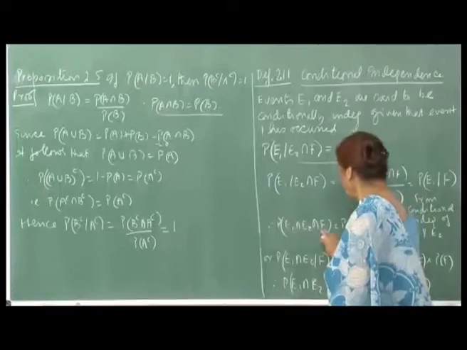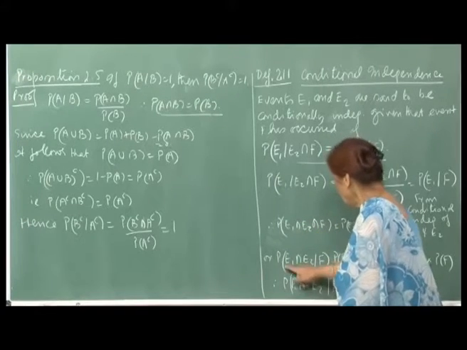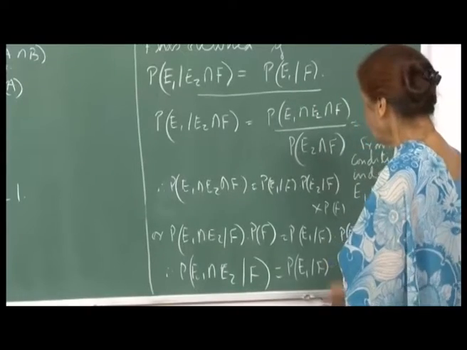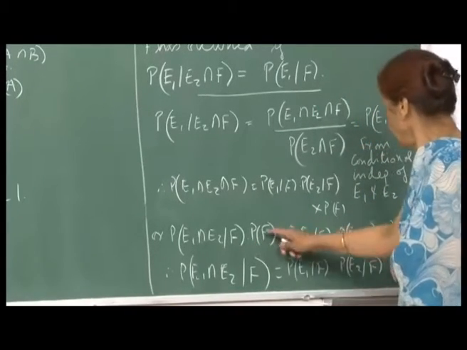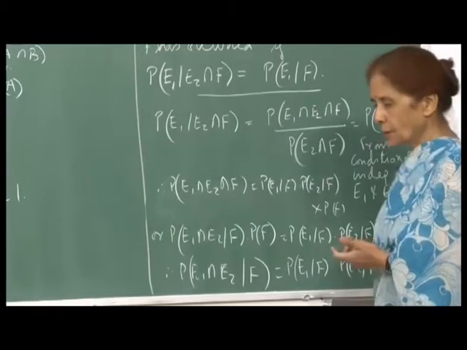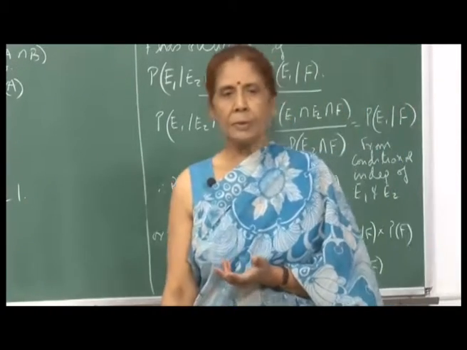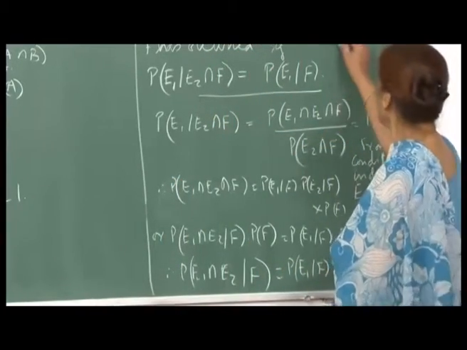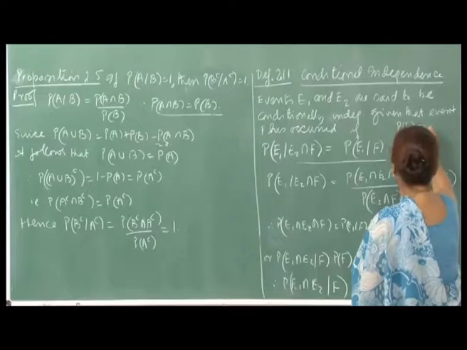This one I can also condition on F, so this will be the probability of E1 intersection E2 conditioned on F times P(F). So, P(F) cancels out, because remember, whenever you talk of conditional probability with respect to an event, that probability has to be positive, otherwise you cannot define it. Of course, it is understood that P(F) is greater than 0.